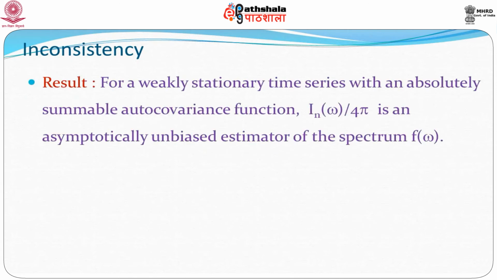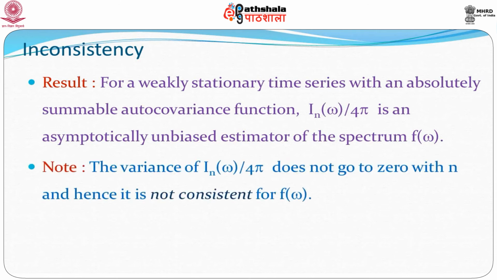The problem with the periodogram is that for a weakly stationary time series with an absolutely summable autocovariance function, I n omega by 4 pi is an asymptotically unbiased estimator of the spectrum, but the variance of I n omega by 4 pi does not go to 0 with n. So, it is unbiased asymptotically.